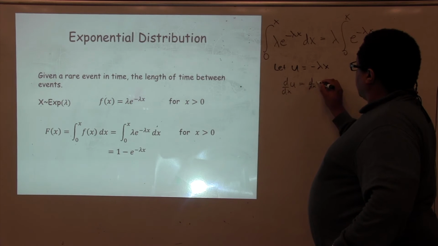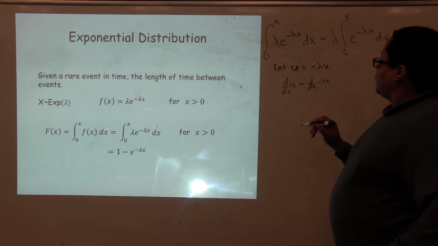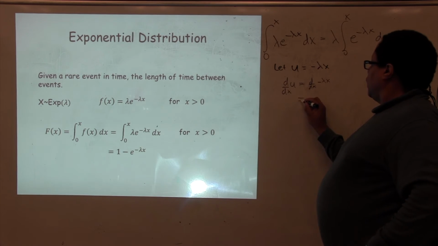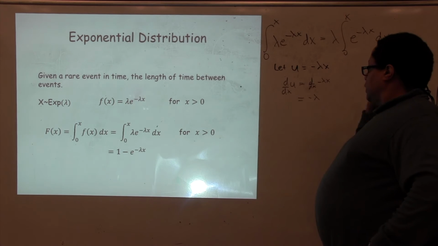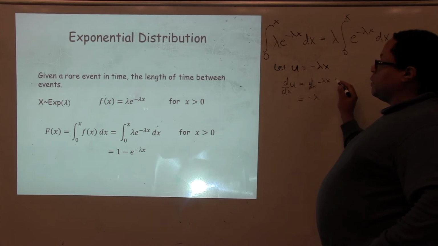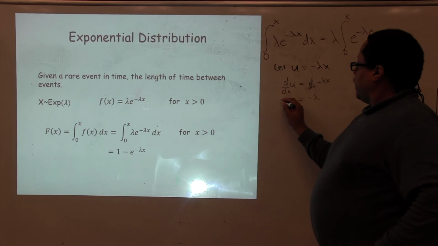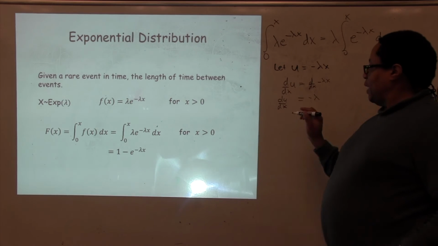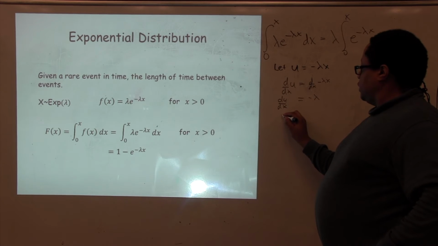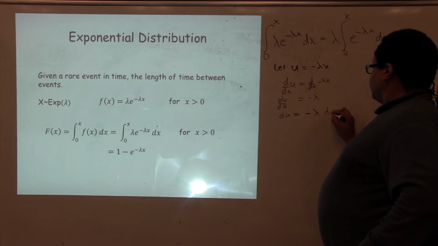So we write d/dx of u is equal to d/dx of minus lambda x. On the right-hand side, we just get minus lambda, because d/dx of x is just x to the 1 power, x goes to 0, and we get minus lambda, and we have du/dx over here. Now we do a little bit of algebra, and we write du is equal to minus lambda dx.